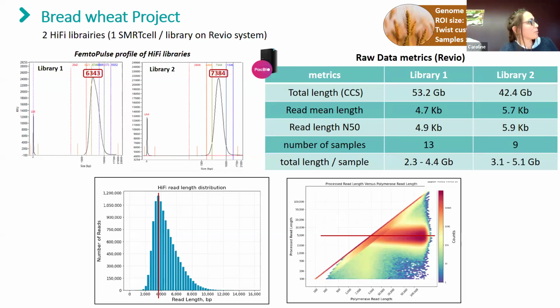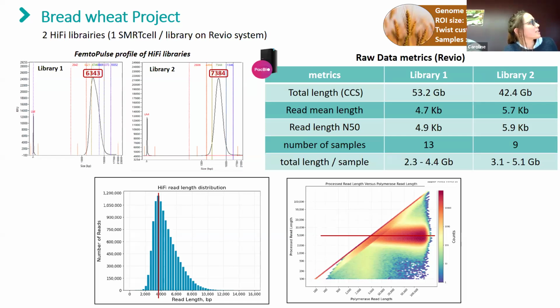Both libraries produced comparable results, generating between 42 and 53 gigabases, but the read length is slightly shorter than expected. For example, in library 1, the N50 read length is 4.9 kb, and you can see on the Femto Pulse profile that the estimation of the library size is 6.3 kb.